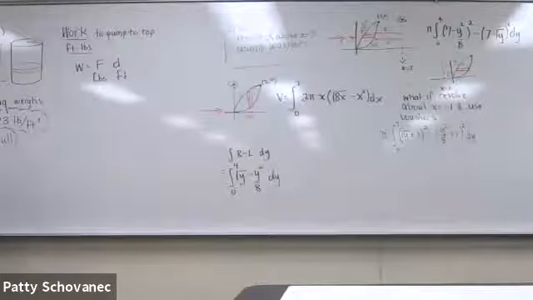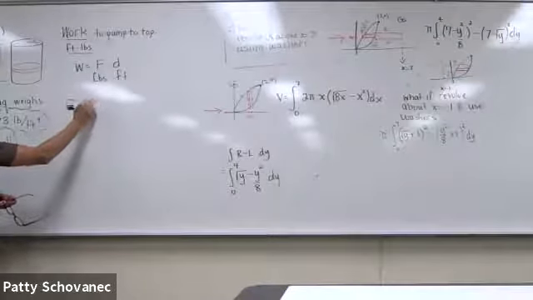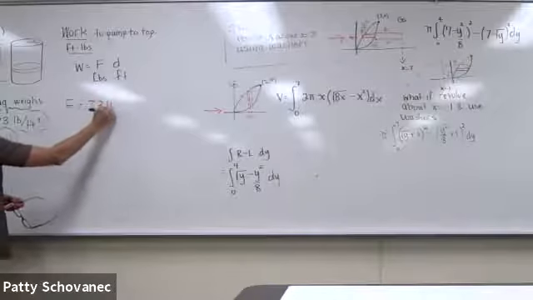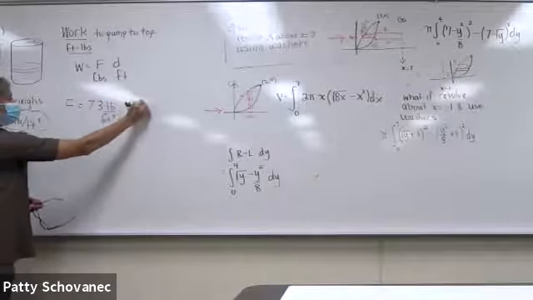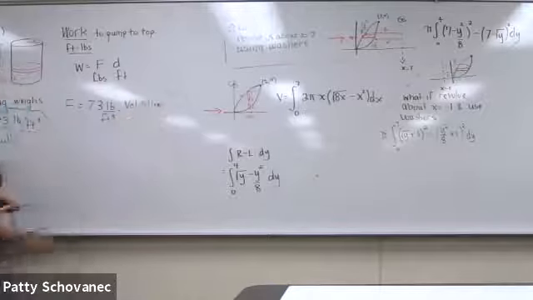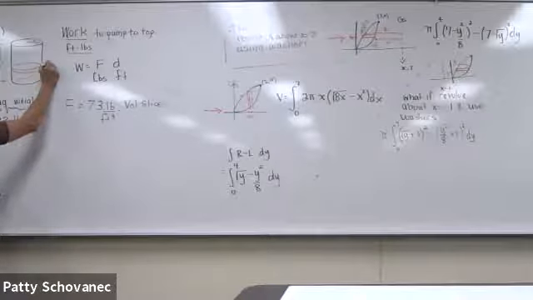So for the force, we start with our density times the volume of the slice. And since our slice is a disk, we've got a little pi r squared times its thickness. I do things up and down the y-axis, so my thickness is going to be a delta y.